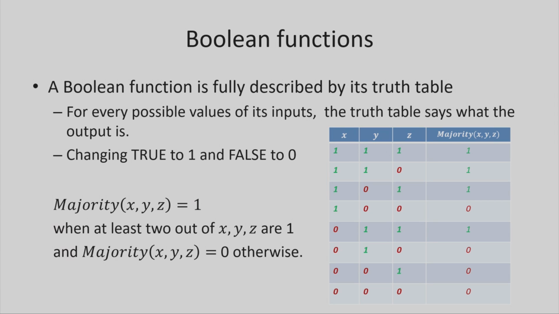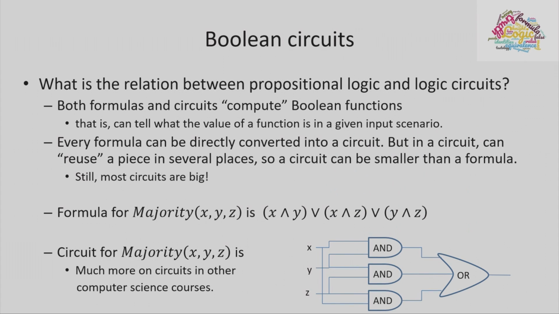So what's the relation between propositional logic and logic circuits then? How are we getting to the hardware? We started talking about hardware and then suddenly we started talking about functions. Well, logic circuits are essentially a generalization of logic formulas, like the ones that you've seen, which compute Boolean functions in the same way that you just saw.